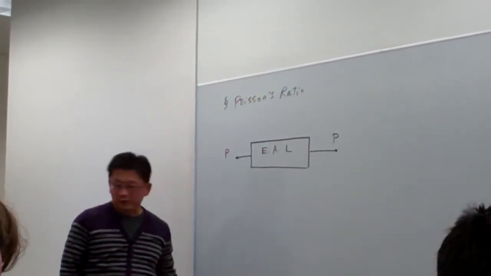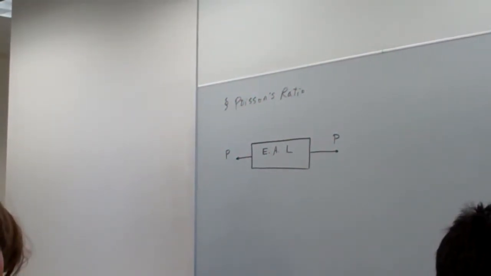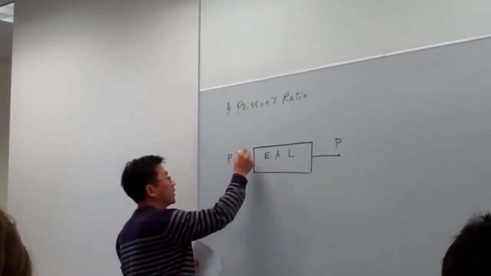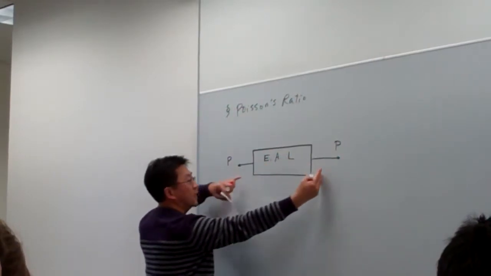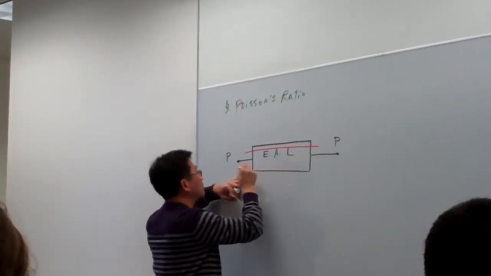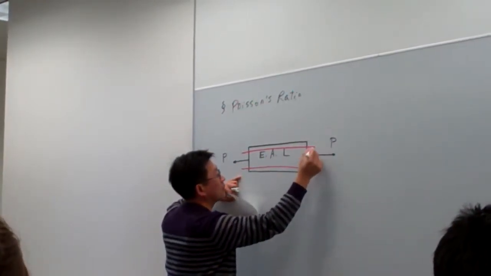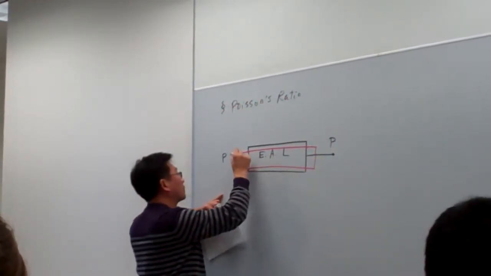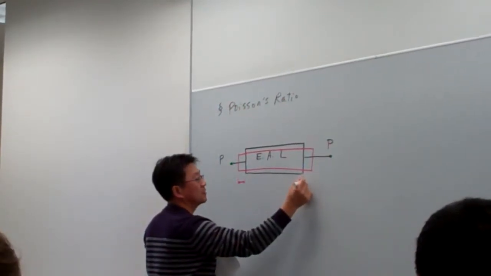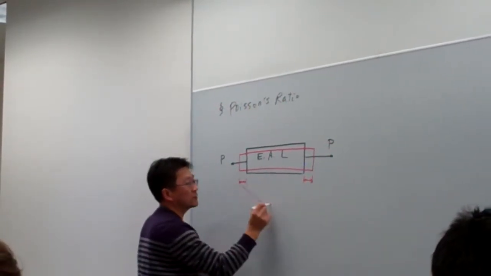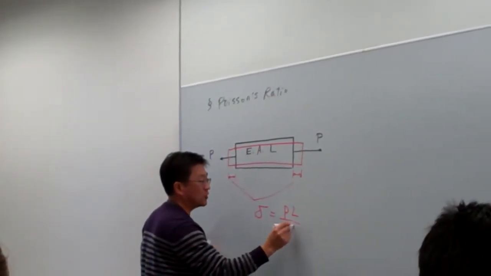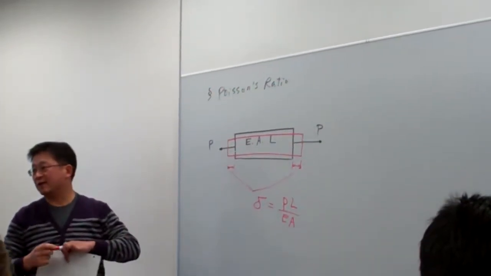From our previous discussions, we know that this material is going to stretch, and the stretch could be on the two sides evenly. So let me do it this way. Basically this amount plus this amount is what we call the delta, and that is PL over EA. That is what we have learned before.